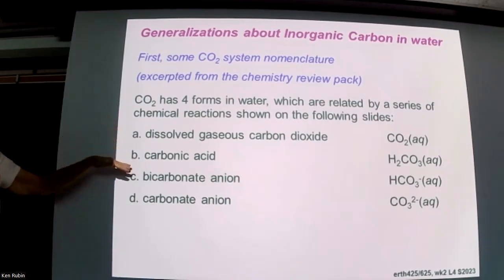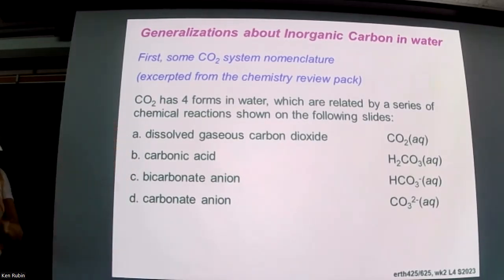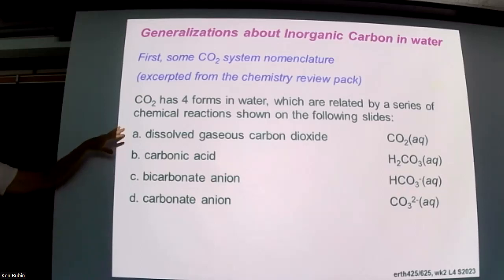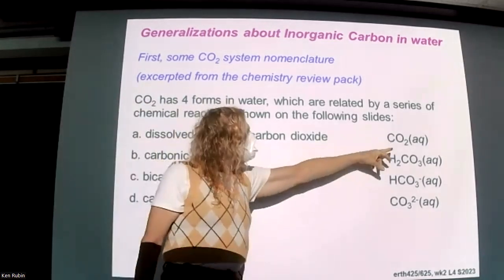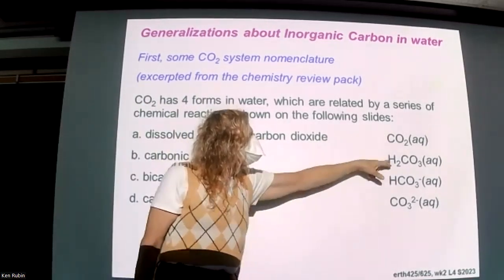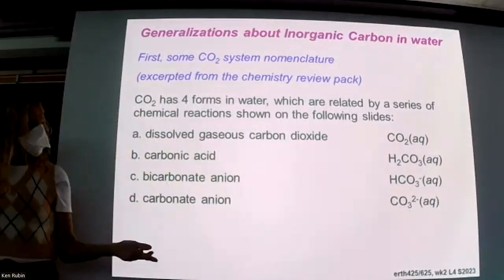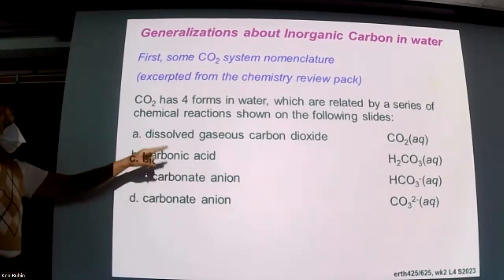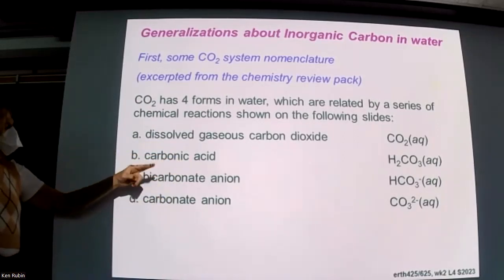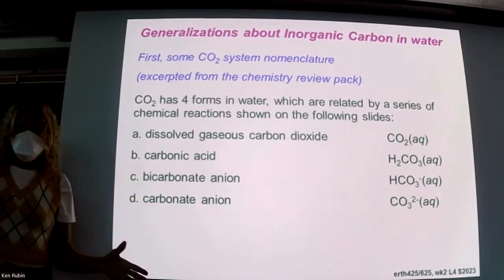These are the 4 main forms of inorganic carbon. Carbon dioxide dissolved, which we call CO2 aqueous, is very fleetingly present, very unstable. As soon as it forms, it immediately makes carbonic acid. Carbonic acid, a diprotic acid, dissociates to bicarbonate ion and then carbonate ion. Both of those are anions.